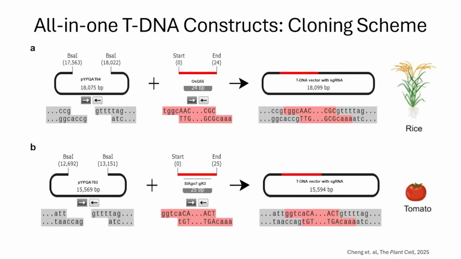So you start with your pre-assembled backbone harboring all of your CRISPR machinery, and all the user is responsible for is designing their guide RNA and ligating that into the pre-assembled backbone. And we've designed this system to be expressed very well in both monocot and dicot systems.